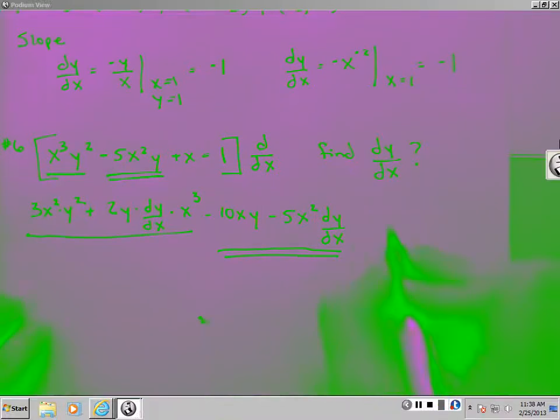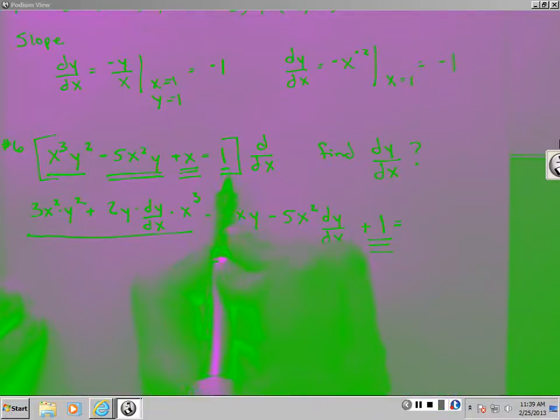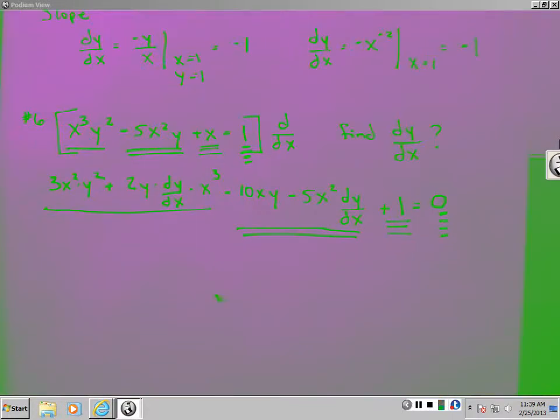Plus, what's the derivative of x with respect to x? 1. And what's the derivative of 1? 0. So now I've simplified this to an algebraic expression, and I want to solve for dy dx. I need to get dy dx on one side and everything else on the other side, factor out a dy dx, and simplify.